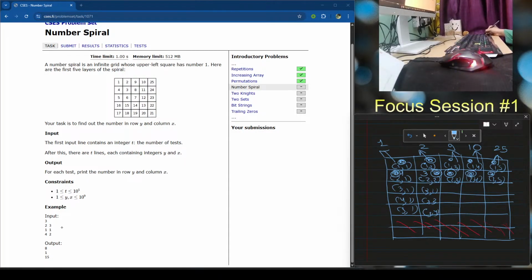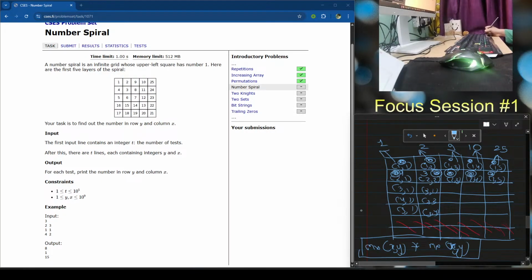I know that the maximum value is still 16. That is max of x comma y multiplied by max of x comma y. This will be the maximum value which can be, and starting from 1 to this will be my range.